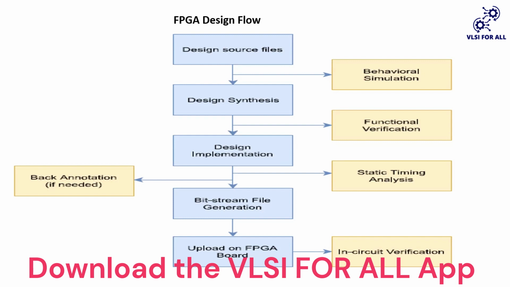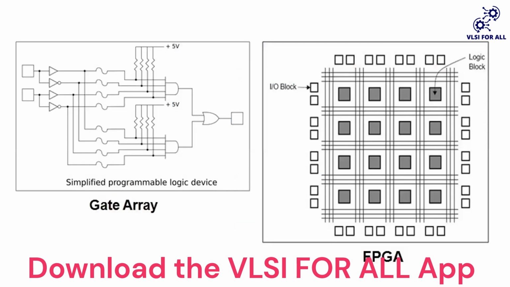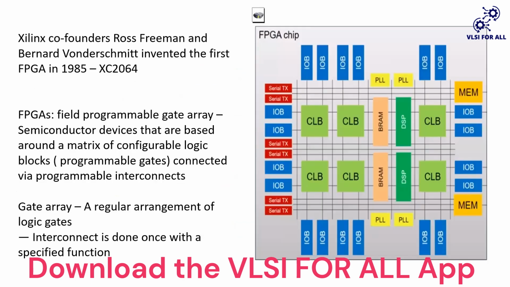So we are adding that merged file. Then in mapping, as you saw in the FPGA chip, CLBs and IOBs are connected. In the mapping part, the netlists are added to our chip, and the IOBs and CLBs are mapped together.